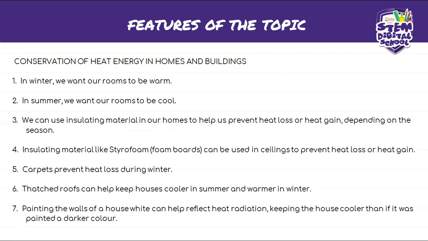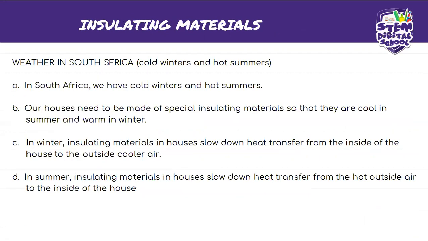All right, now let's go to the next. Then we said the weather in South Africa is winter and also summer. But in winter, it's extremely cold, depending on which province you are living in. And then summer is hot. So we need to use insulating materials to solve these kinds of problems.